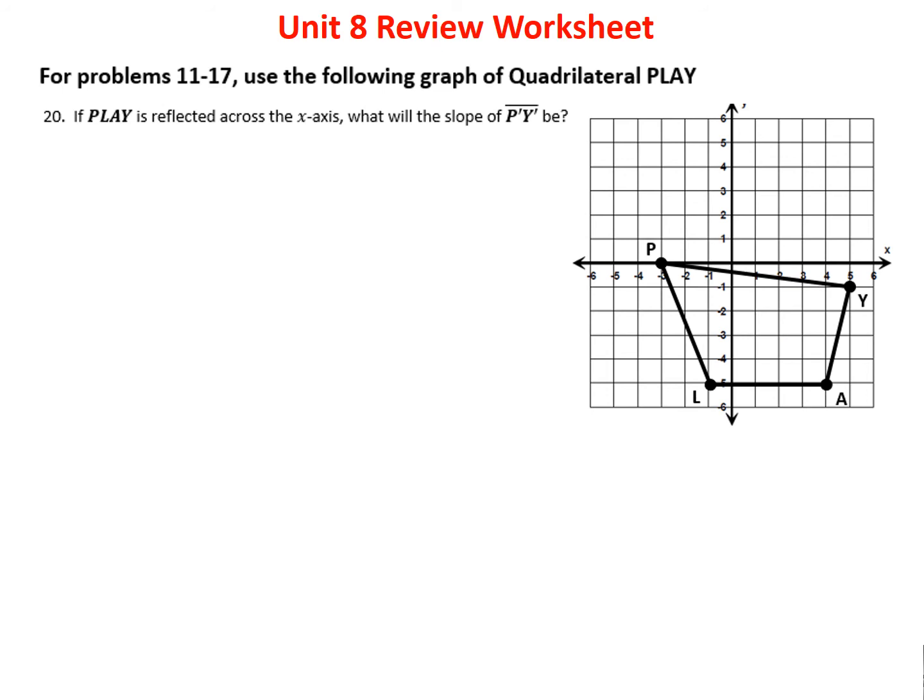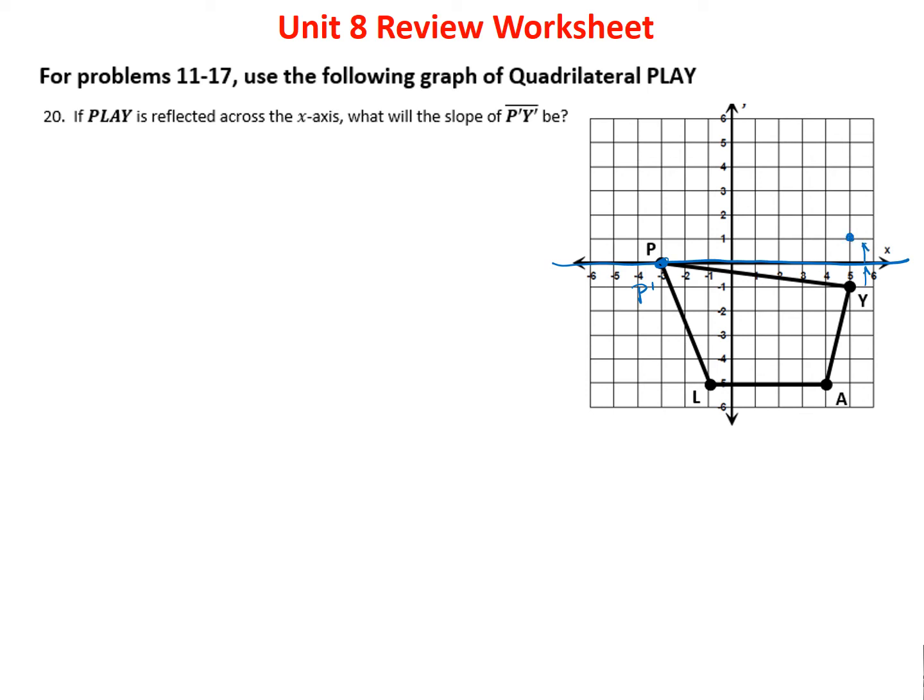Now 20 says, if PLAY is reflected across the x-axis, what will the slope of P prime Y prime be? Well, here is my x-axis right here. So notice, first of all, when I cross P, P is not going to change. P and P prime are going to stay the same. But Y goes up 1, so it's going to go up 1 again.